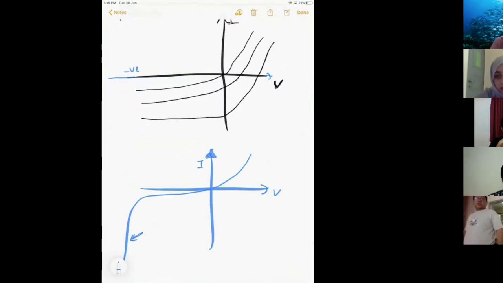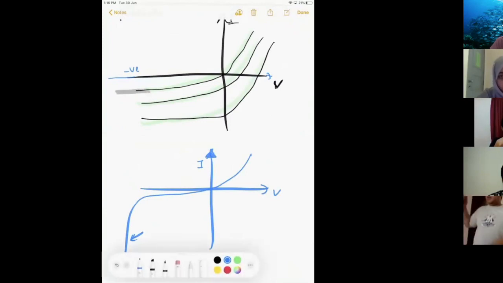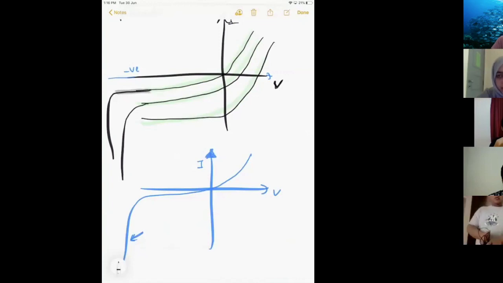If you look here, the current here is not breaking down yet. It's just a normal increase. It can break down if it goes further, and then like this. And this is breakdown.